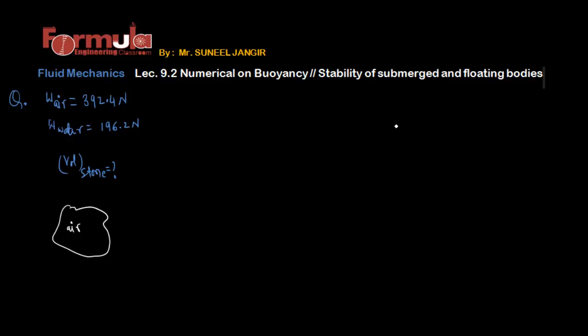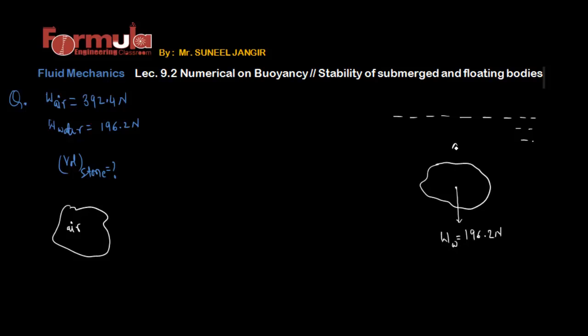Let's suppose this is our water and this is our stone. The actual weight in air is 392.4 Newton, and in water we are feeling 196.2 Newton, the weight of the stone in water.